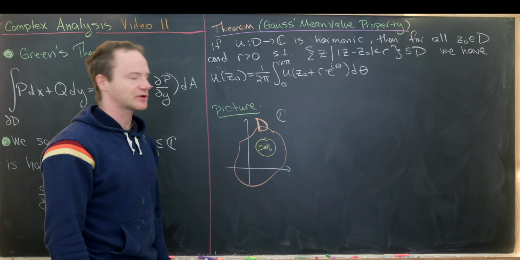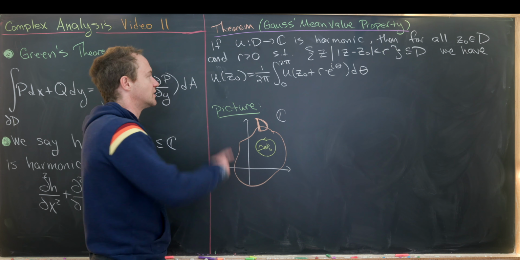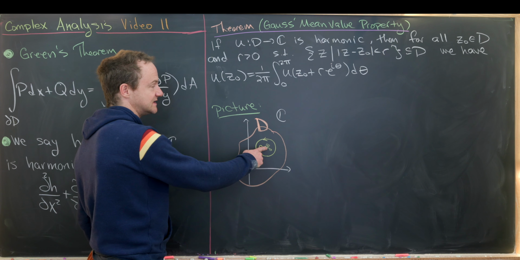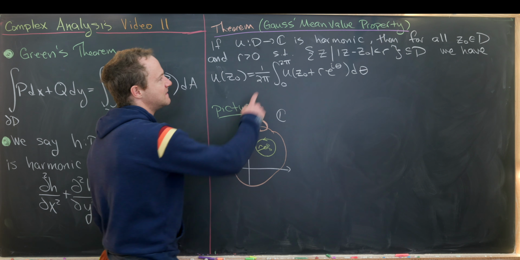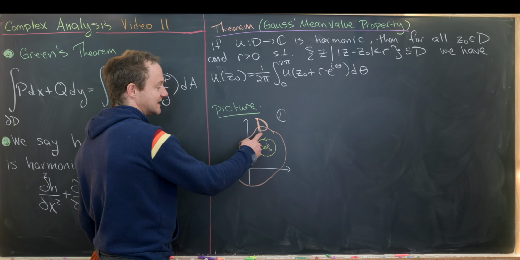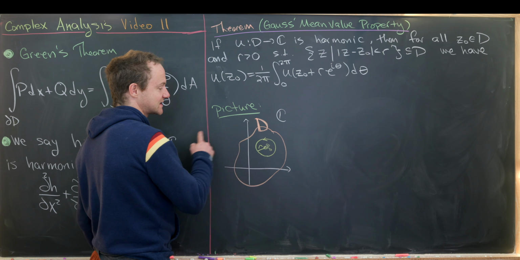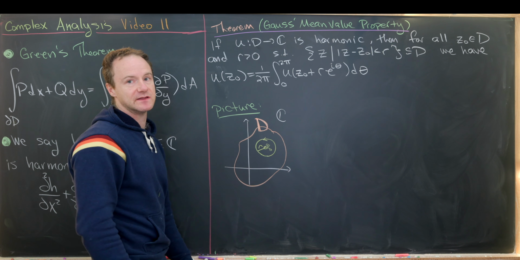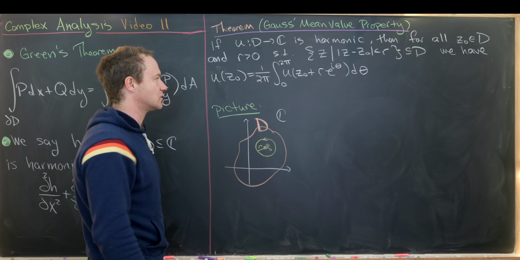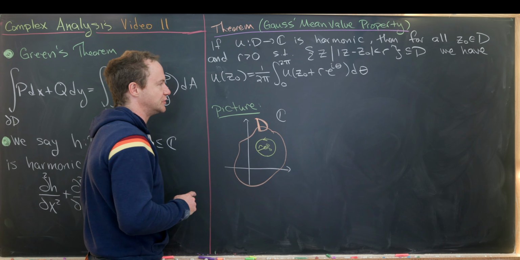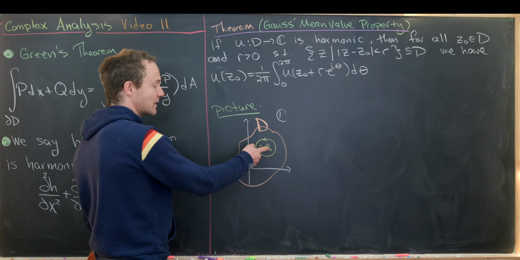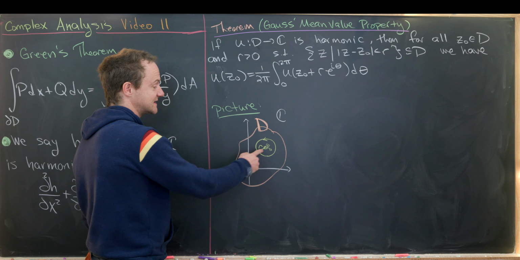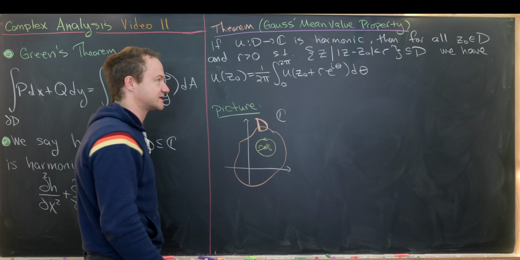So let's get a picture of what's going on here. u of z naught is just the function evaluated at this point z naught here. And this set could be described as this closed disk centered at z naught, so it includes all of those points in there. And this integral over here, maybe without the 1 over 2 pi, represents the line integral around this circle centered at z naught with radius r.